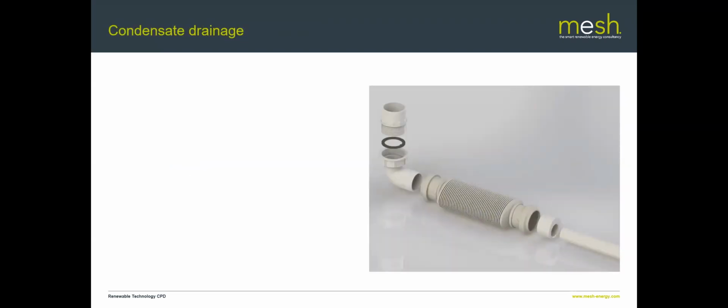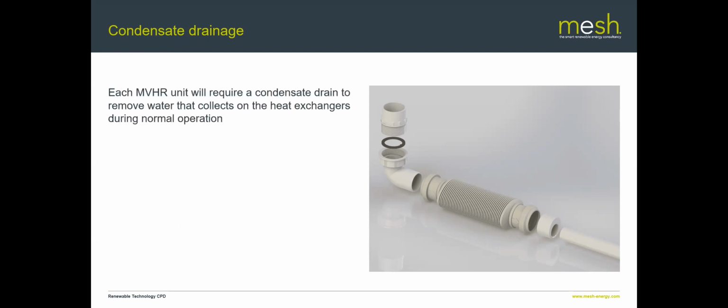So finally, and this is the last part of the specification section, is condensate drainage. Your MVHR unit will produce some condensate, especially during the winter. You will need to have a condensate drain to deal with that, which removes water that collects on the heat exchanger during normal operation.